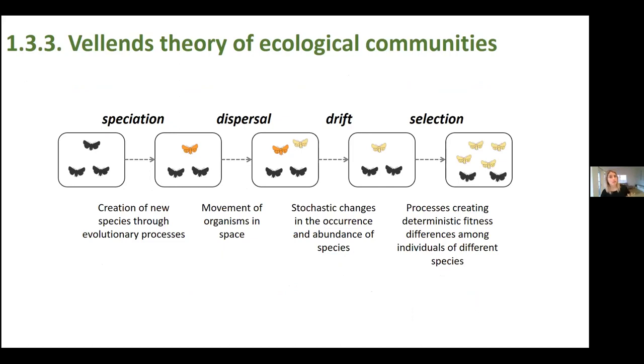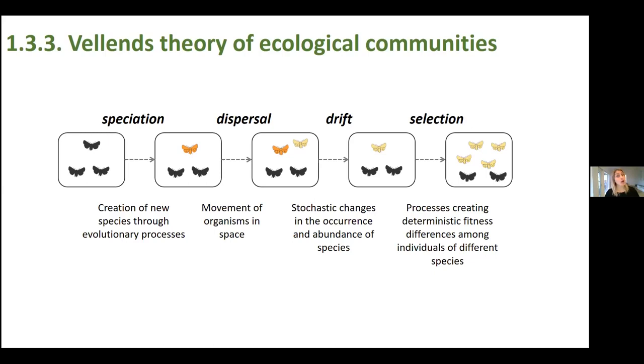So speciation creates new species through evolutionary processes. So it kind of adds species to our local community. Dispersal refers to movement of organisms in space, and it refers both to past large-scale migrations and to contemporary small movements of species or individuals.